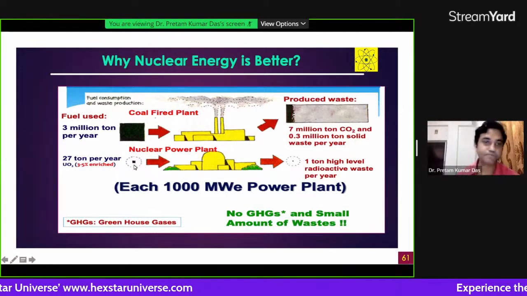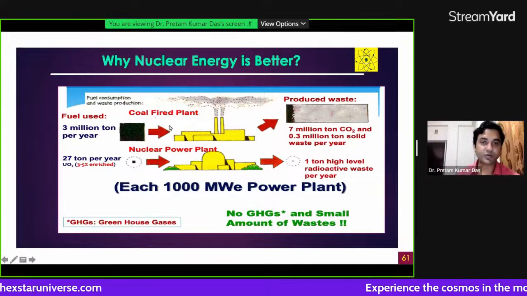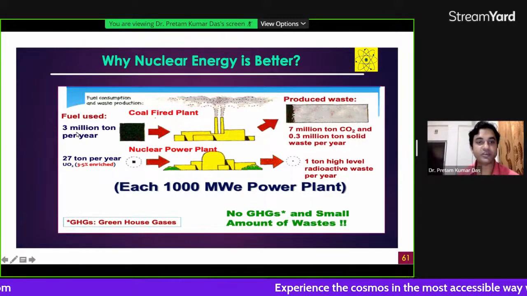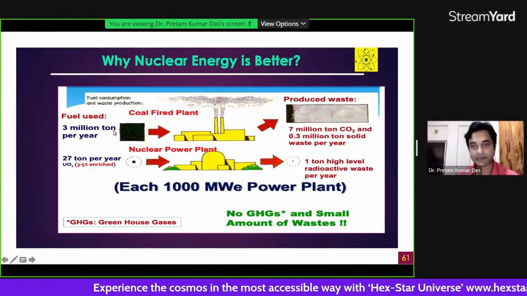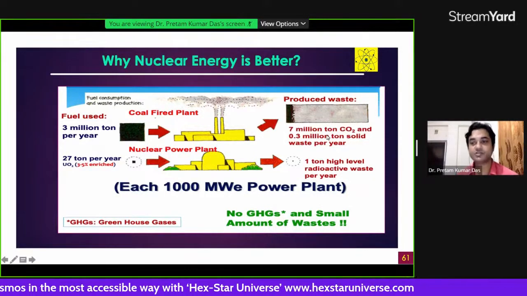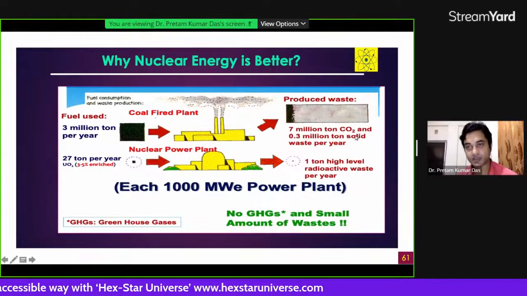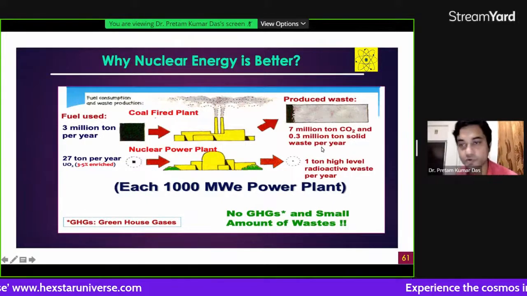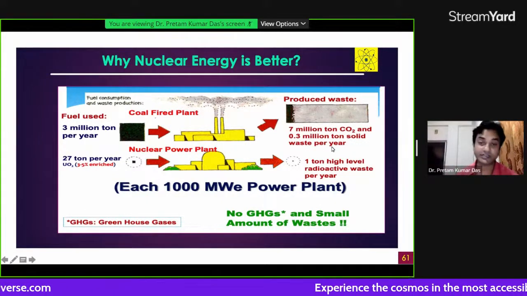In a coal-fired plant, if we use 3 million tons of coal per year, it will give about 7 tons of carbon dioxide waste, along with 0.3 million tons of solid waste per year.